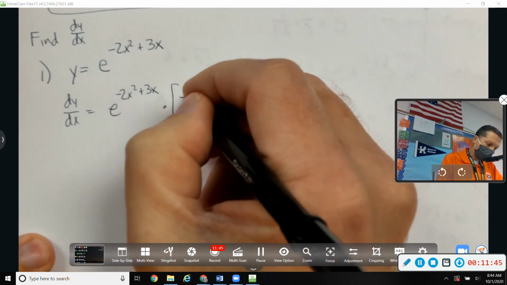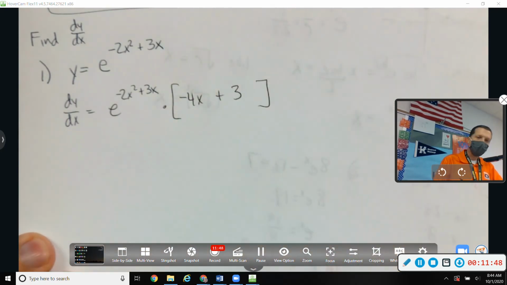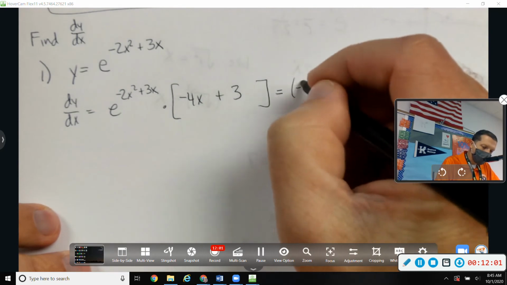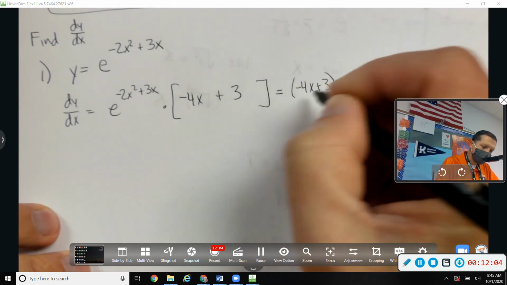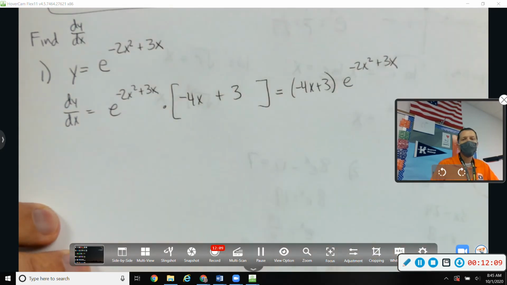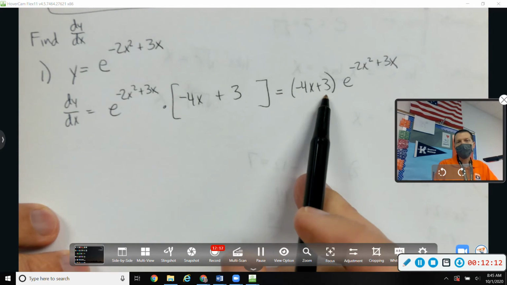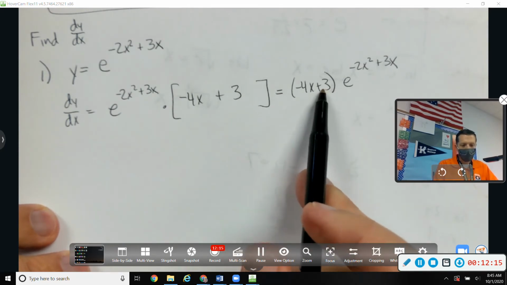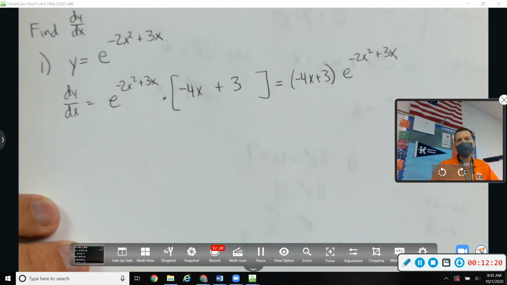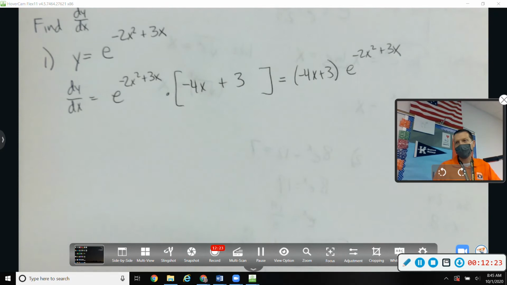So that would be negative 4x plus 3. And that's it. So you just keep the exponent thing the same, but then chain rule off of whatever the exponent is. And people might write this in a little bit different order because we'd like that in front. And again, it's got to be in parentheses, because if the parentheses aren't there, then you're only multiplying the 3 to the e to the exponent. So all of it's got to be multiplied. The parentheses feels like a minor deal, but your problem's not right if they're not there.